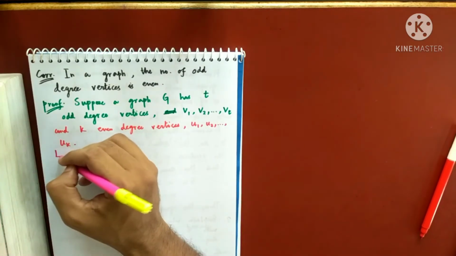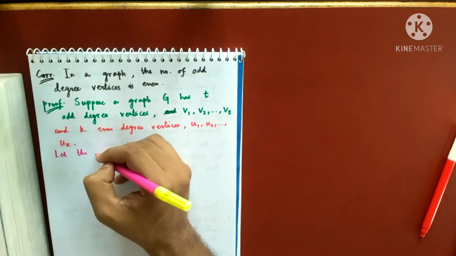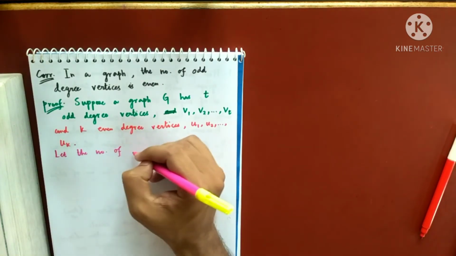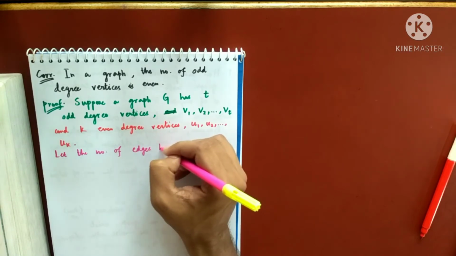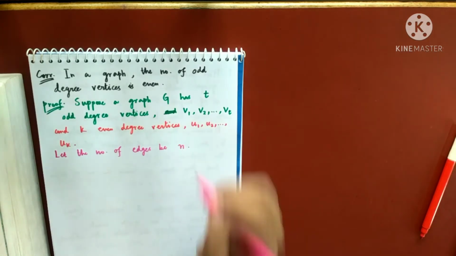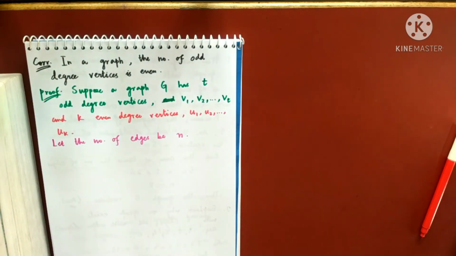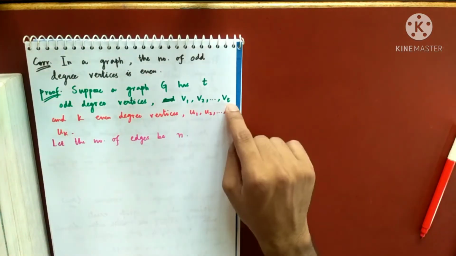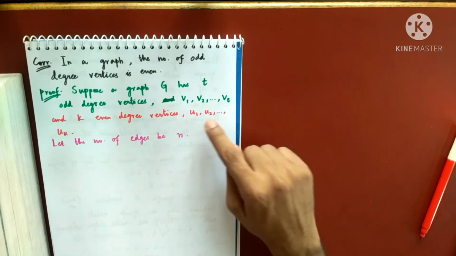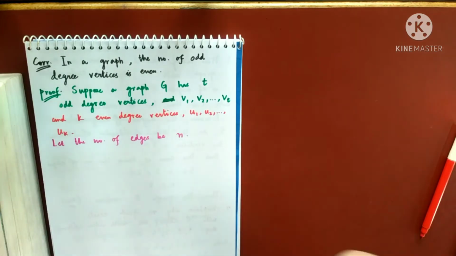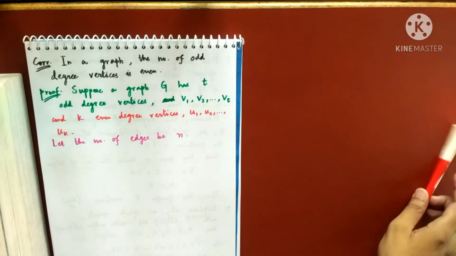Let the number of edges be n. So I am assuming I have a graph G with these conditions: odd degree vertices V1 to Vt, even degree vertices U1 to Uk, and number of edges n.